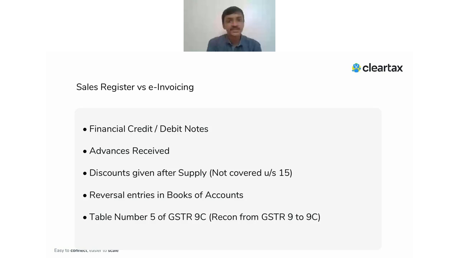They are neither pushed to the GSTR-1 portal, nor to the 3B portal, nor to any of the tables in GSTR-9. So this reconciliation has to be done, and if the difference between my sales register and e-invoicing is because of these financial credit debit notes, then we need not worry.